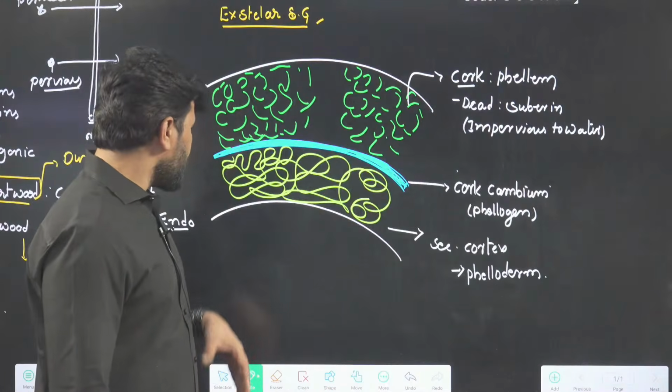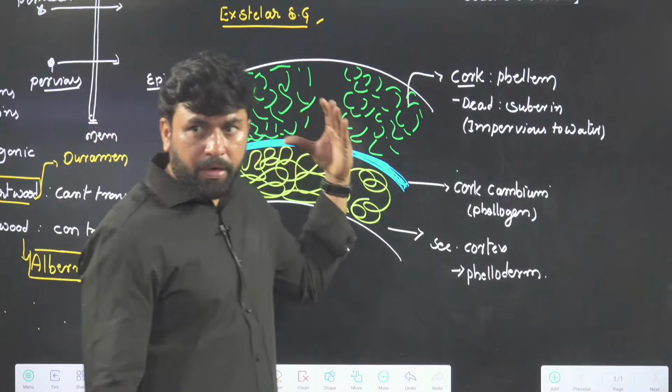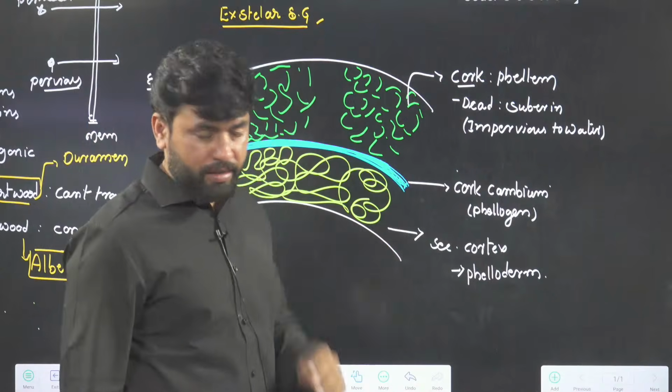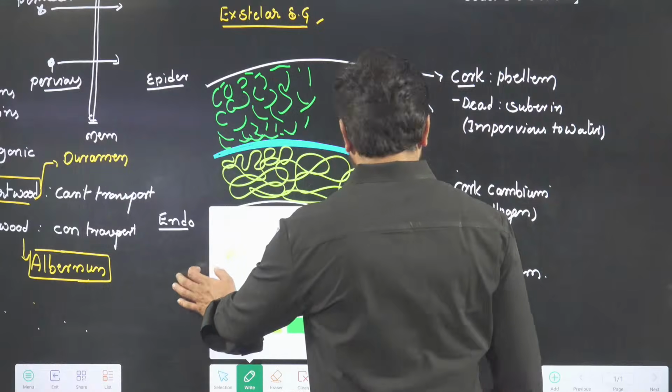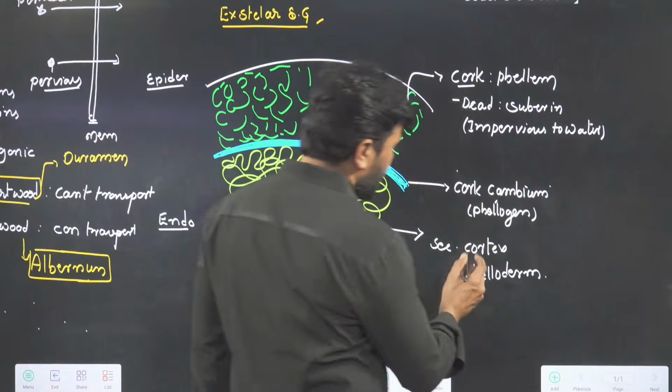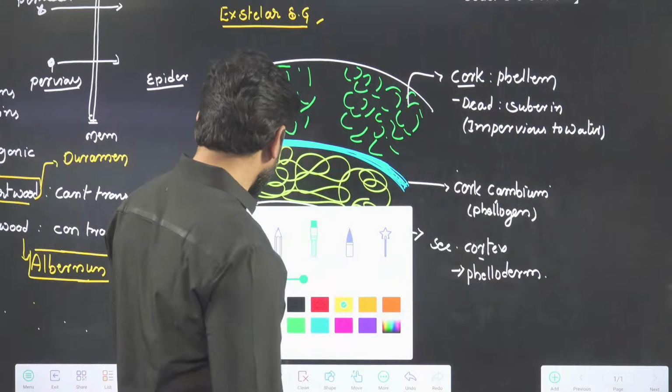Observe. So far, how many layers have formed from epidermis to endodermis? Three layers. One is cork, another is cork cambium, and one more is the secondary cortex, isn't it?